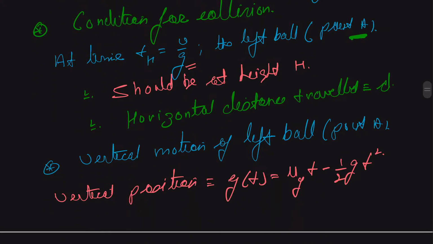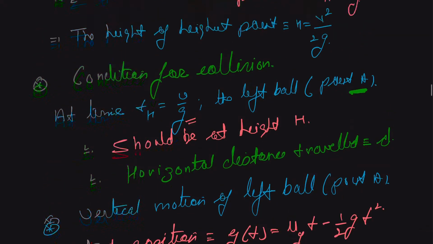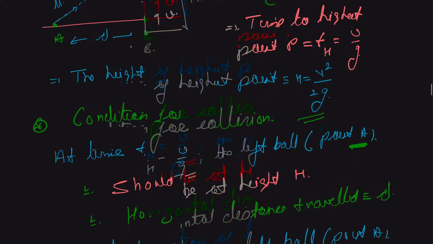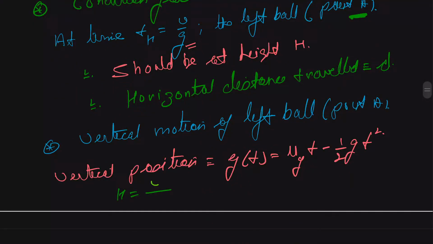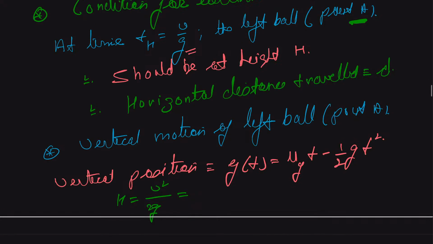So we substitute it and we get that y is h, and h is v square upon 2g. So we can say h, which is v square upon 2g, is equal to u of y times v upon g, minus 1 by 2 g times v upon g whole square.